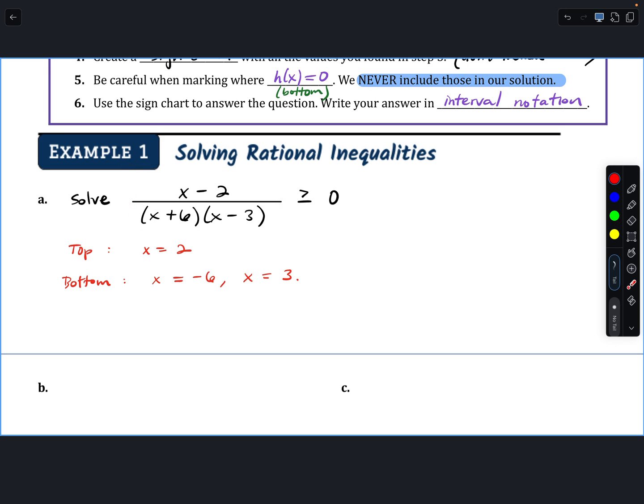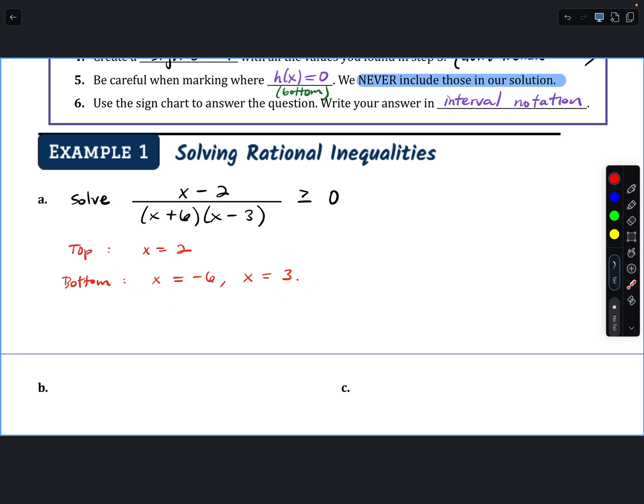So when we're doing our sign chart, we're going to ignore these in terms of our answer. Whenever these come up in our answer, we're going to use parentheses, because we can't use a bracket, because those actually can't be answers. But this can be an answer, right? Can the top be 0, guys? Yes. So we can use a bracket for this guy, but we cannot use brackets for these guys, okay?